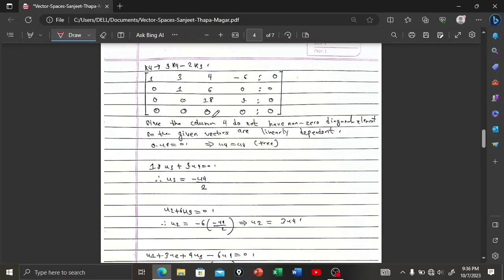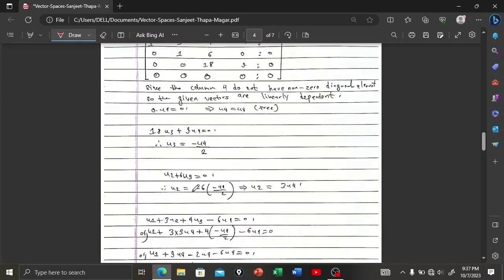And from here, u2 plus 6u3 equals 0, and u2 equals minus 6u3, and u3 is minus u4 by 2, so minus minus cancels, and 6 divided by 2 is 3 u4. So u2 equals 3u4.